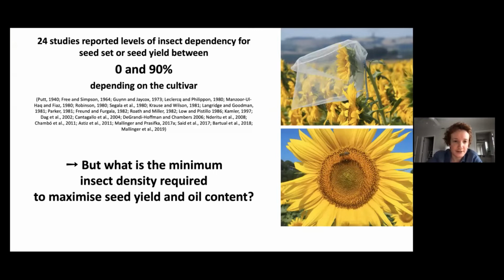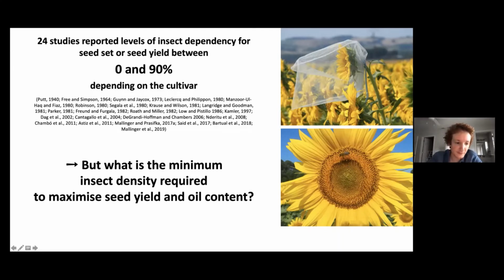And this level of insect dependency is measured by comparing the yields between heads isolated under tulle bags, like in this picture, and the yields obtained with heads left in open pollination, like we can see in the picture. Under the tulle bags, there is only self-pollination and pollination by wind. Insect pollination is prevented, and there is insect pollination in open pollination.